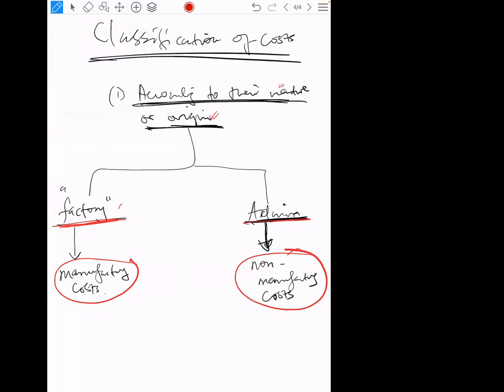A manufacturing cost is also referred to as a product cost, as a factory cost, as a production cost. These are also referred to as a product cost, production cost, factory costs, also, like I said, a manufacturing cost.